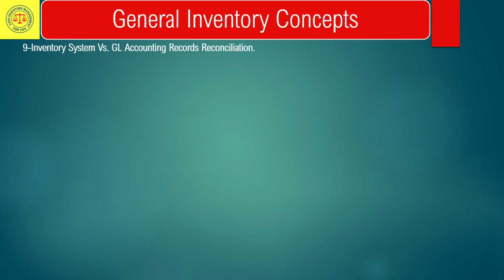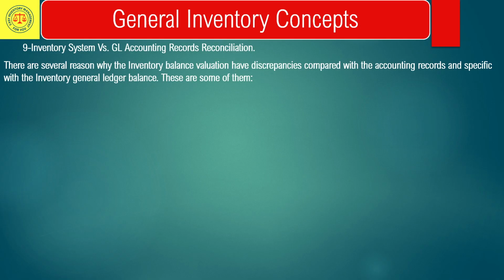In real life, there are always discrepancies. But the goal is just to find out why. That's the important thing. Why we had discrepancies. And there are several reasons why the inventory balance value had discrepancies compared with the accounting records, specifically the inventory general ledger balance.